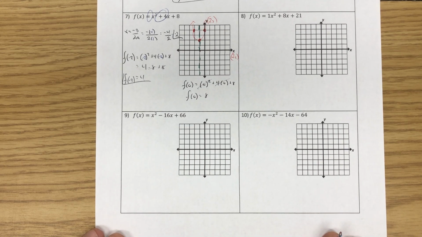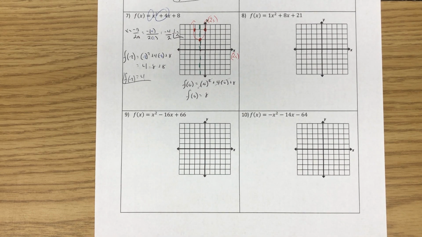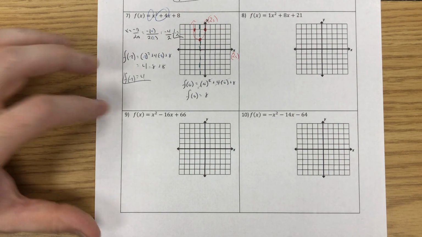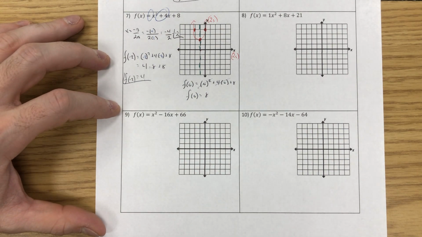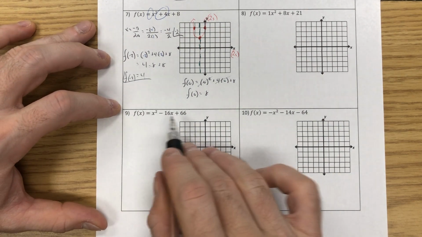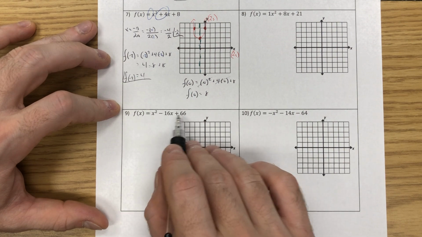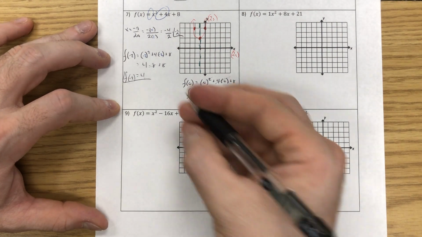Okay. Last question. Go ahead, pause the video, try out number 9, and see how you do when you unpause it. Okay, let's take a look. I'm going to assume now, just by the trend we've seen, that factors of 66 are probably not going to add up to 16.